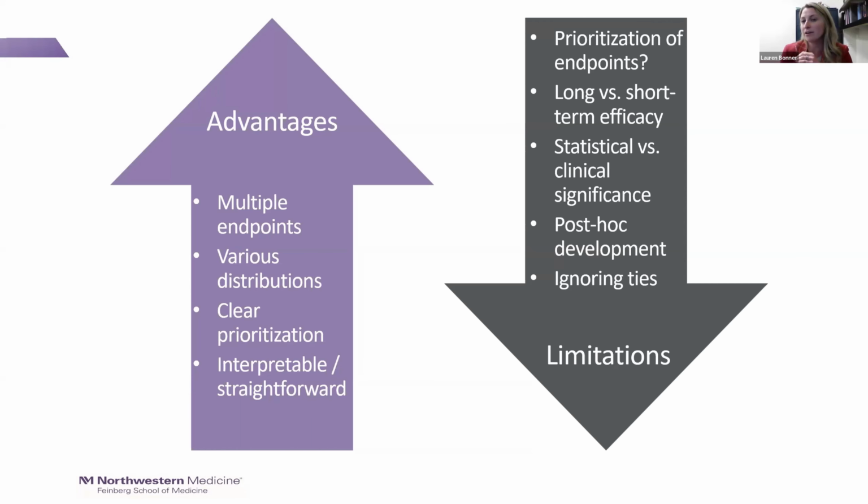So there may be scenarios where it doesn't actually make sense to prioritize your outcomes. If you're incorporating short-term symptomatic assessments and also long-term events, you may conflate this idea of long and short-term efficacy, and so there may be challenges around interpreting that when you have both short and long-term outcomes.